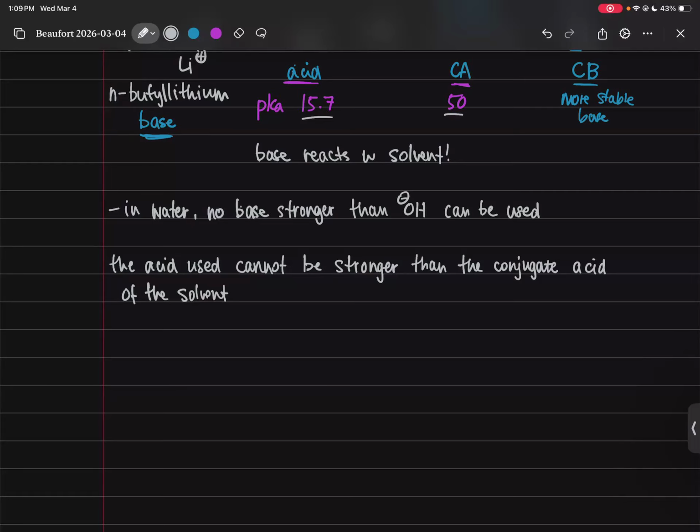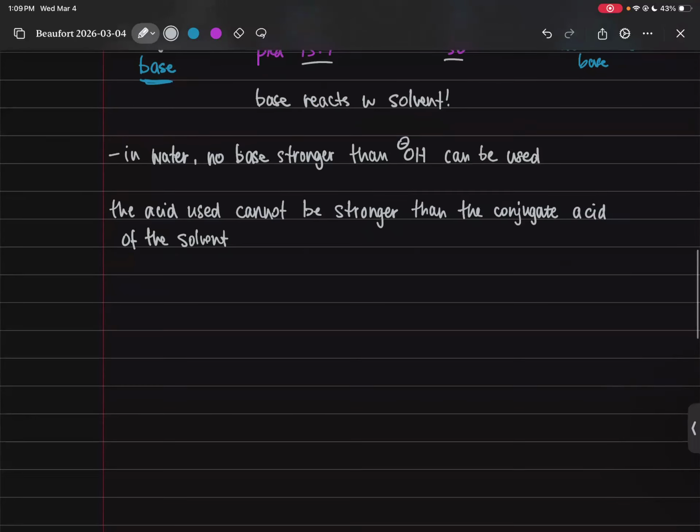The acid cannot be stronger than the conjugate acid of the solvent. This example I'm going to show you here probably makes a little more sense, or will look more familiar to you. And that is using sulfuric acid as an acid in water.